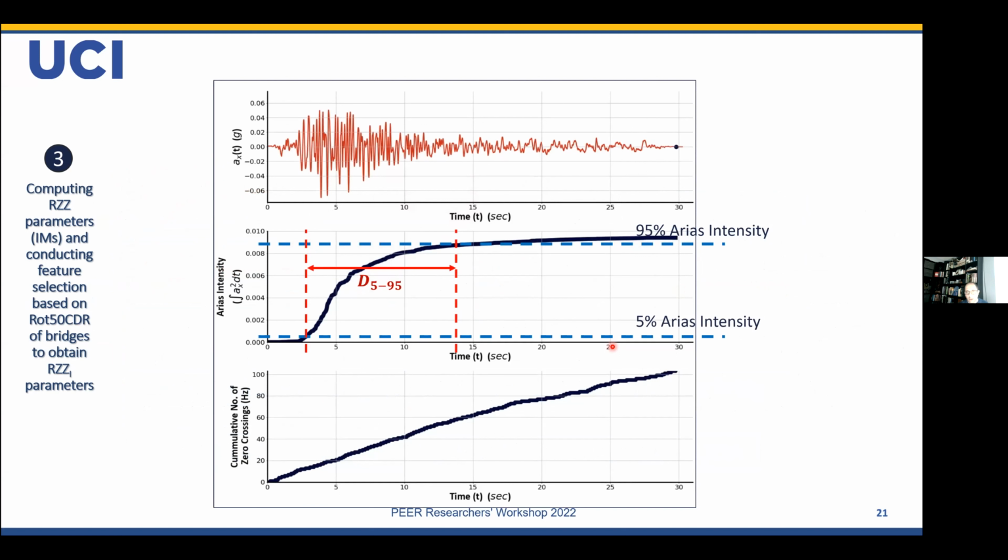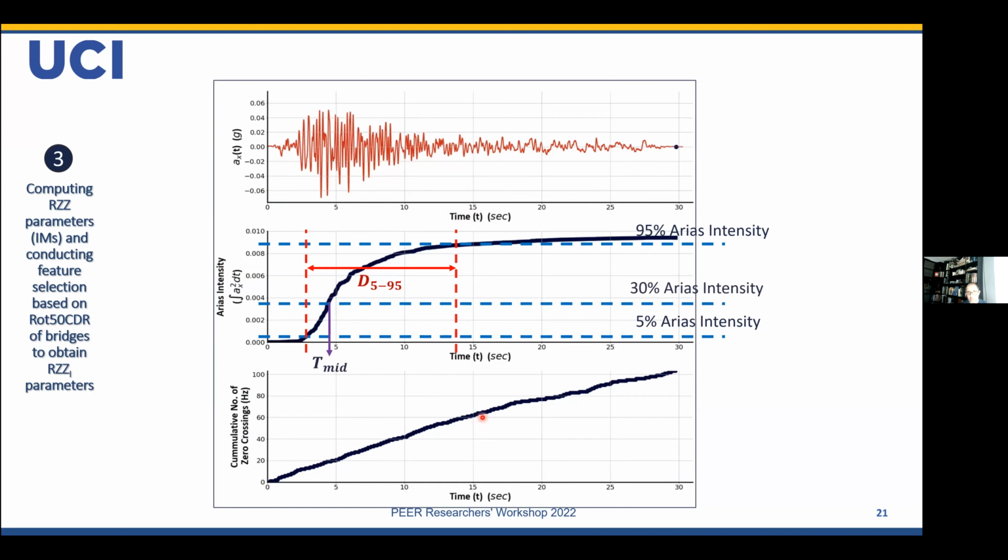Let's talk about those RZ parameters for a little bit. Everybody has been talking about duration, so we leave the duration as is. This is the acceleration trace. You can get the Arias intensity by integral of a squared. Now, the bottom here is the cumulative number of zero-level up-crossings. That means anytime that we went up on the acceleration, one number gets added.